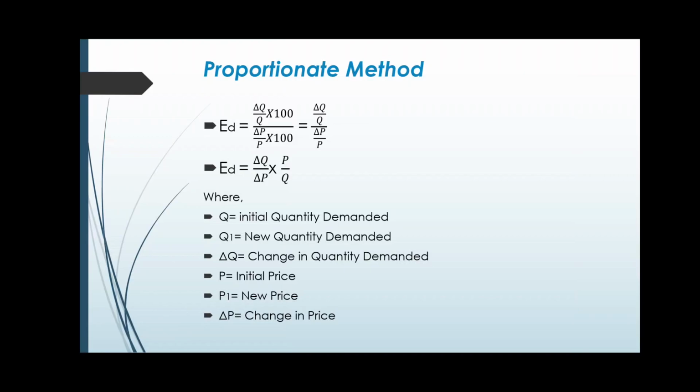So once we simplify this equation, those hundreds are going to be cancelled, and then when we rearrange this part, we will get this formula as delta Q by delta P multiplied by P by Q, where delta Q is your change in quantity demanded, delta P is your change in price, P is your initial price, and Q is your initial quantity demanded.